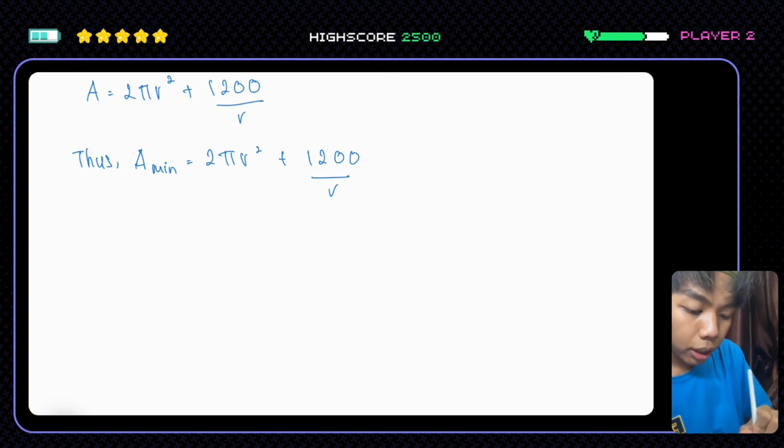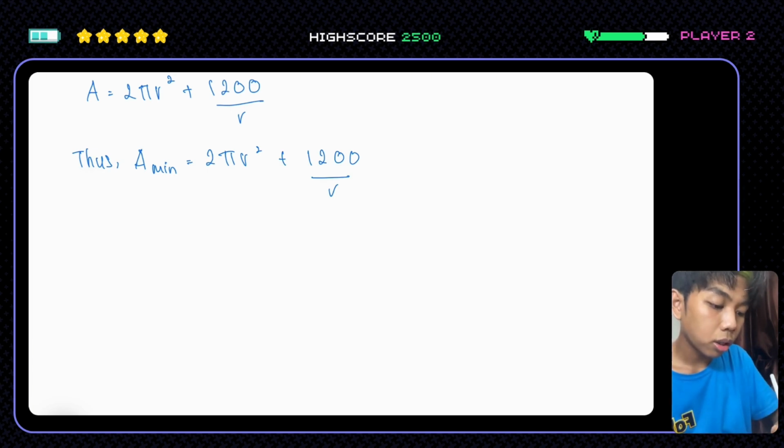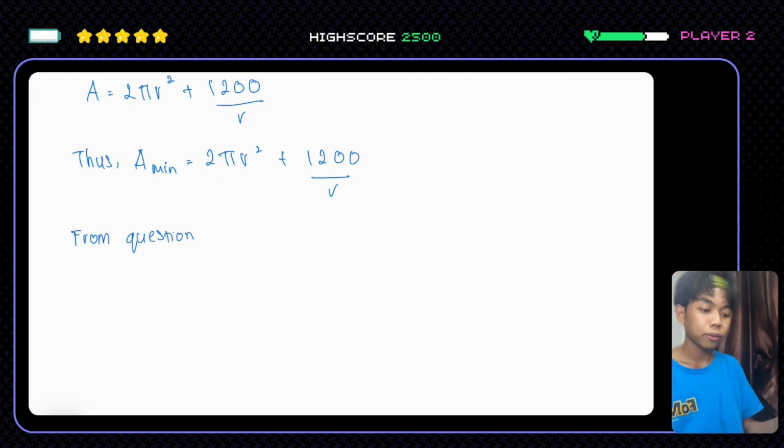From question A, we know that the r value is equal to 4.57. Then we need to substitute this r value into the formula.